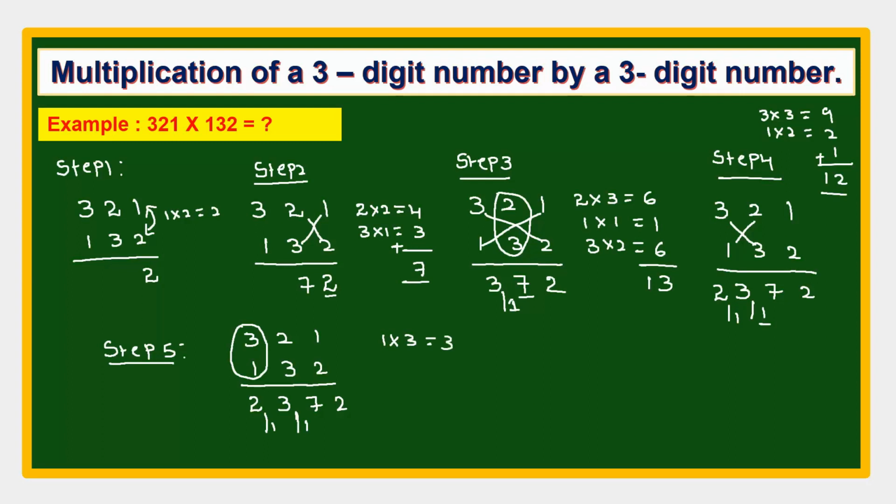So answer 3. 3 plus carry forward 1 also we have to add. So 4. So 42372. This is the product. Therefore 321 into 132 equal to 42372. This is the product.